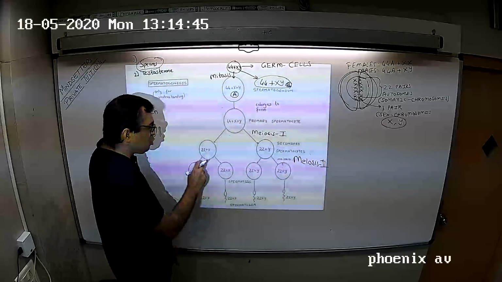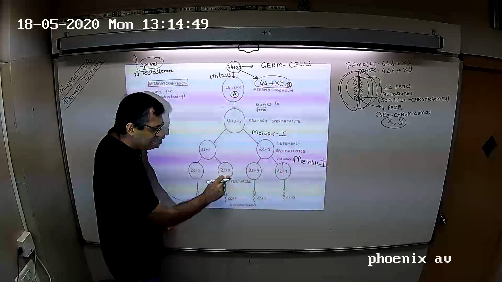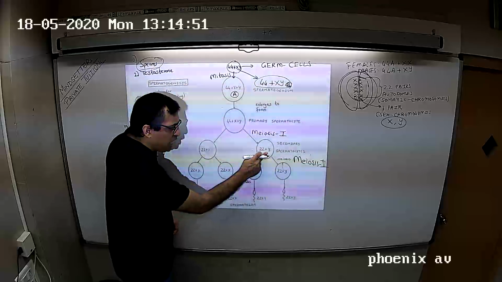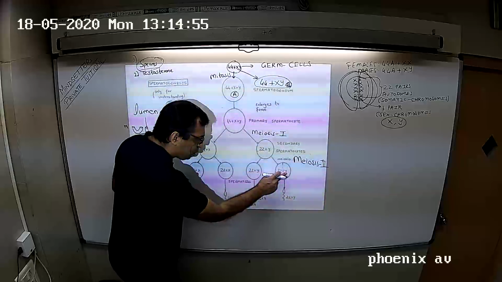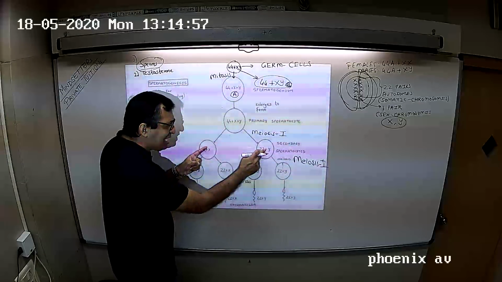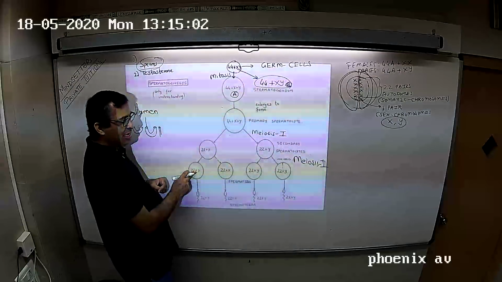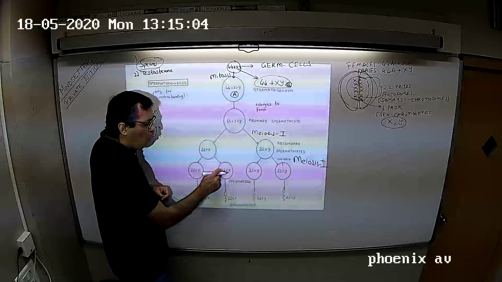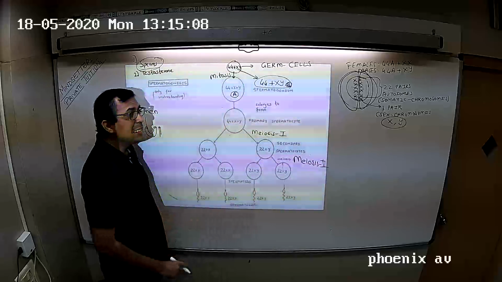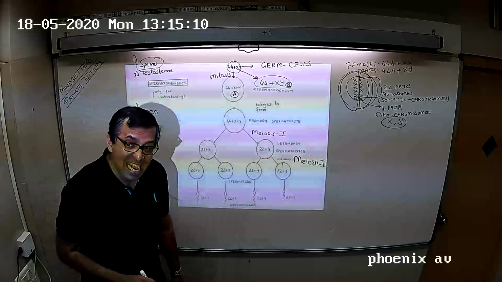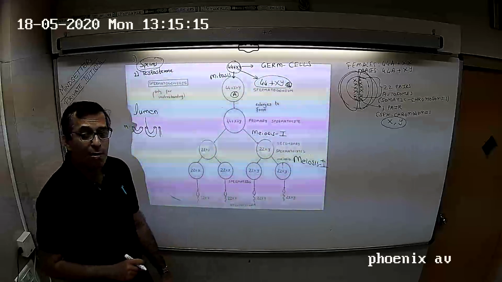That means 22 plus X divides to form 22 plus X, 22 plus X. 22 plus Y will divide to form 22 plus Y, 22 plus Y. And two cells have now formed 4 cells. And these are 4 haploid cells which are called spermatids. So what are these 4 haploid cells called?